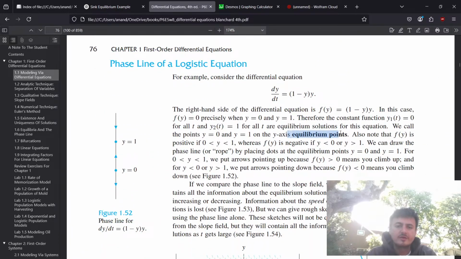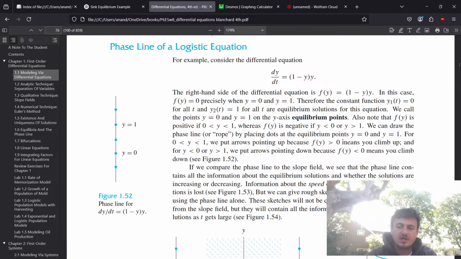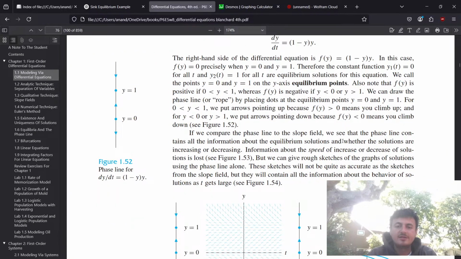Okay, so yes, the way that you construct a phase line is you first just draw dots on the equilibrium points. Then you can either do linearization or you can evaluate the derivative. And I like the geometric understanding of why linearization tells you whether or not it's a sink or a source.